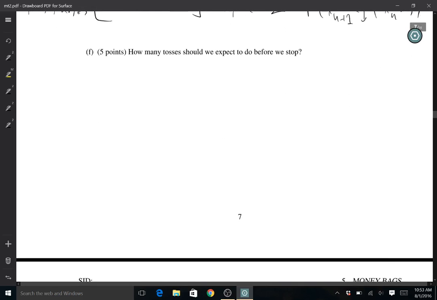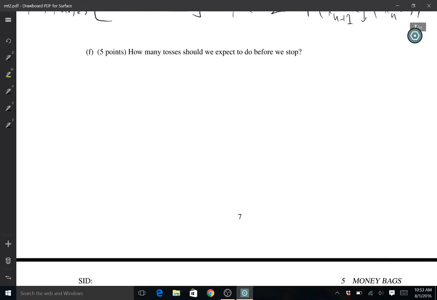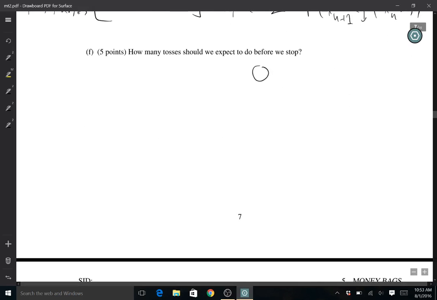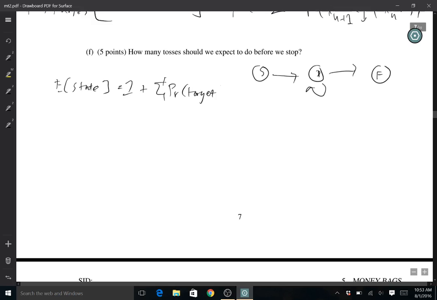And then how many tosses should we expect to do before we stop? So it might be helpful to redraw the Markov chain. And then this is sort of a hitting time formula that you learn. The expected time of a state is equal to 1 plus the sum of probability of target times the hitting time of that target.